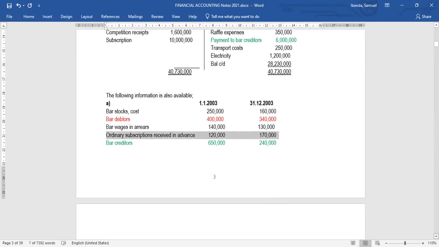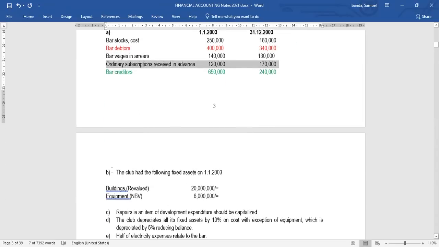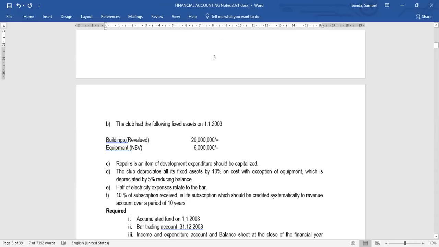The other information is that 10% of subscriptions received is life subscription, which should be credited systematically to revenue to account for 10 years. So we have to first have a calculation for subscriptions.